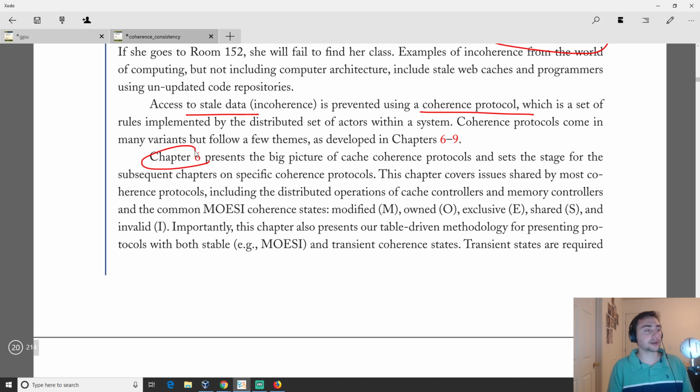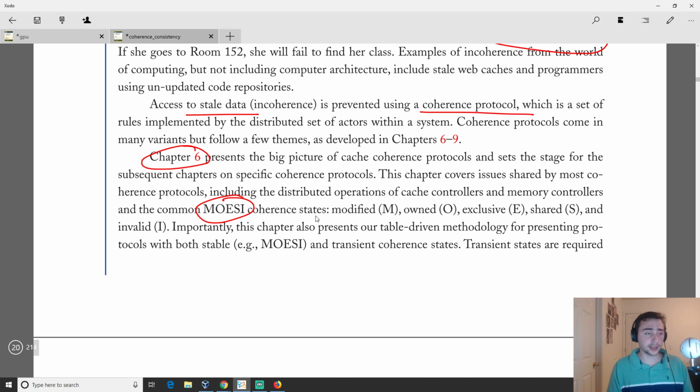We'll really go into this in chapter 6, where we'll talk about the big picture of cache coherence protocols, and some interesting ones, building up from the very simple protocols to the more common ones used in commercial architectures, such as MOESI, that has a number of different states.